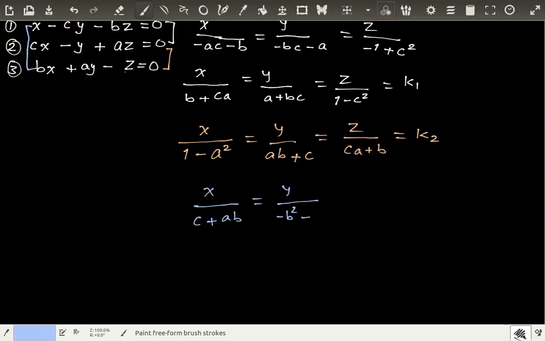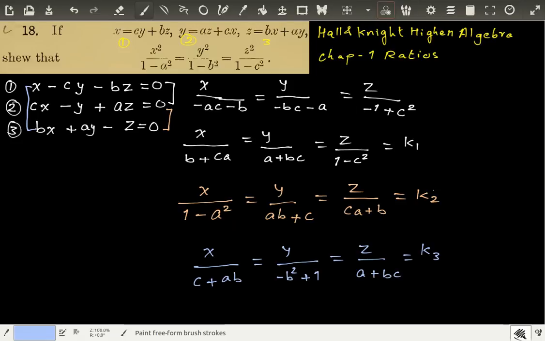So 1 minus 1 is minus 1, so minus 1 is plus 1. Is equal to z over a minus b times minus c is minus bc, minus bc is plus bc. Let us say that this is k3.